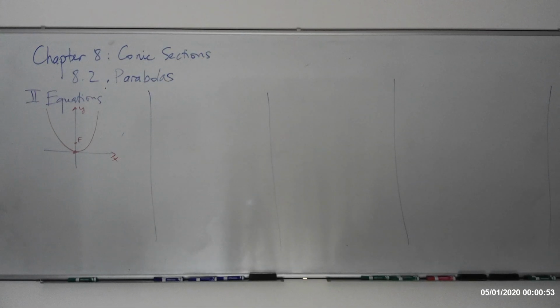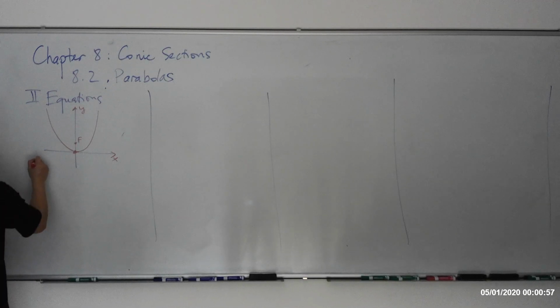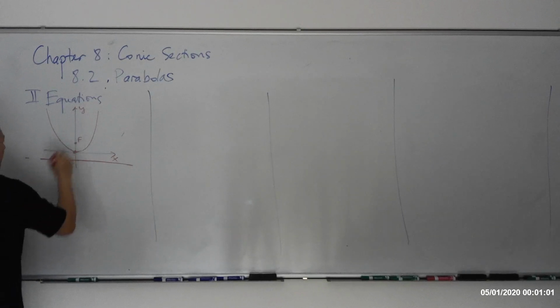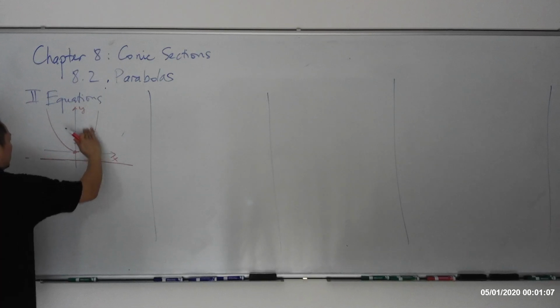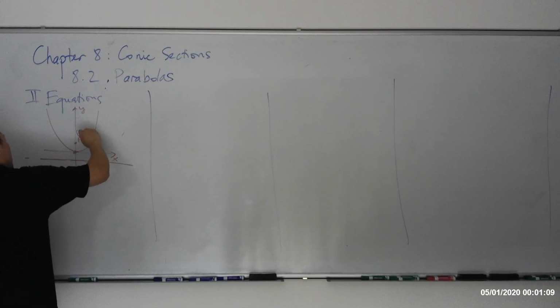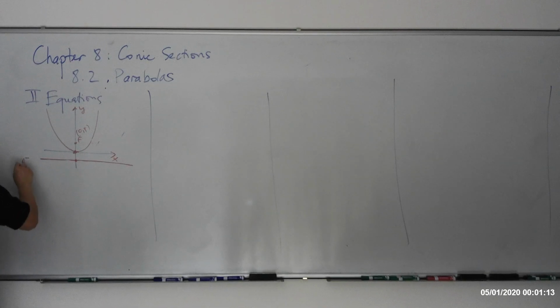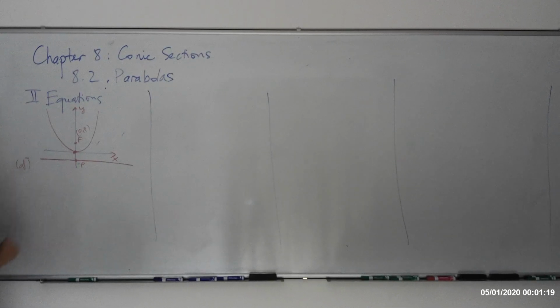The parabola points this way, vertex at the origin, point F up there, and the directrix down here. So this point F is at (0, p), and the intersection between the directrix and the y-axis is at negative p, (0, -p).